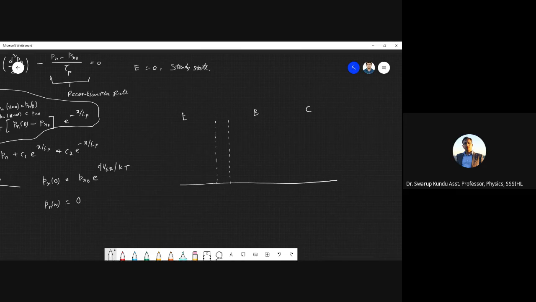Within this dotted region is the depletion region between emitter and base. And then we have another depletion region, much wider because of reverse bias. This is the depletion region between base and collector.